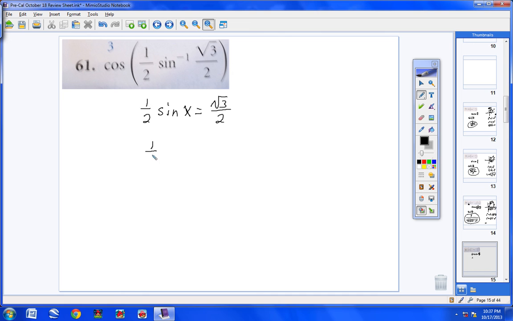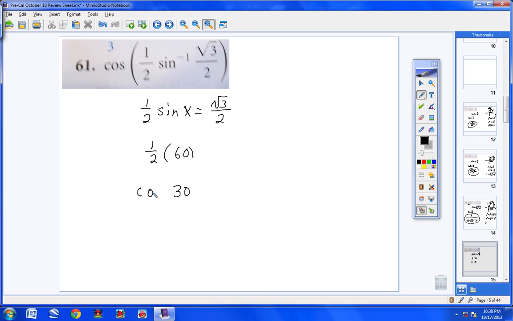So now I have 1/2 times 60. And then, of course, sorry about that. Let me fix that. 1/2 times 60 would be 30. And then simply, sorry guys, get this pen to work. Bring down your cosine.